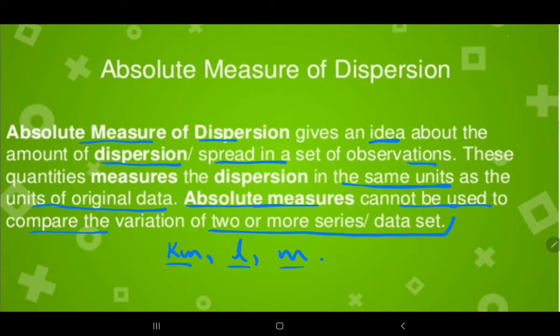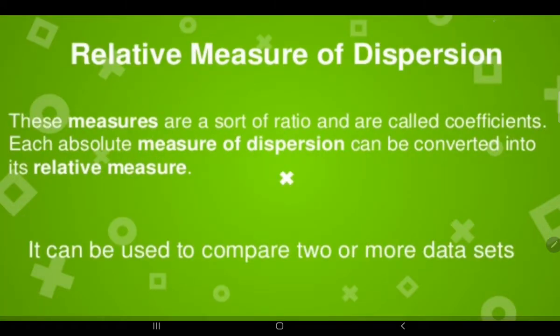While the relative measures of dispersion are a sort of ratio, and these ratios are called coefficients. Each absolute measure of dispersion can be converted into a relative measure.